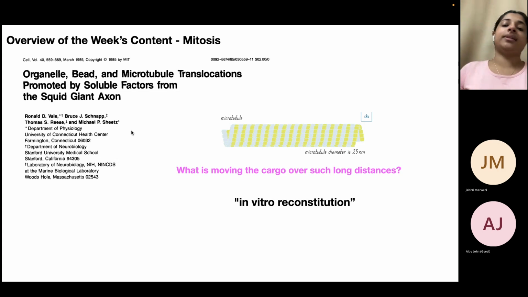There are also such cells in the human body, like very long neuronal cells that can transport signals from one end to another in a matter of no time. Similarly, in the squid, there's this giant axon that you can actually see with your naked eye. And here, there is a cargo that is moving over long distances very quickly.